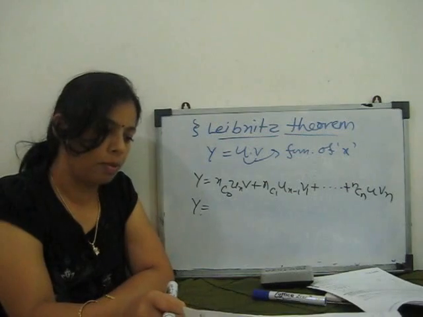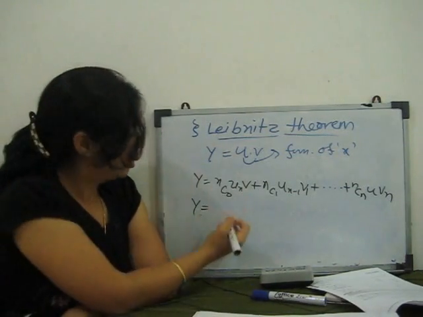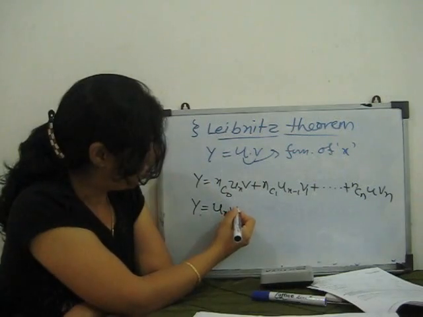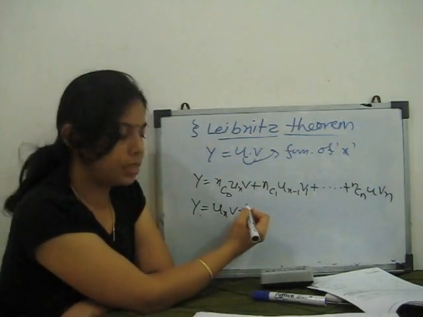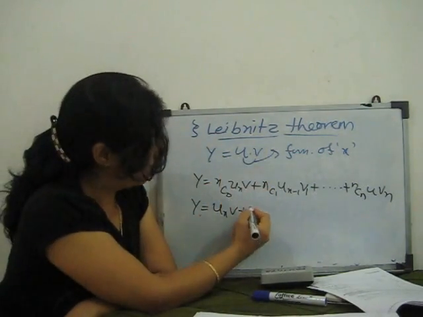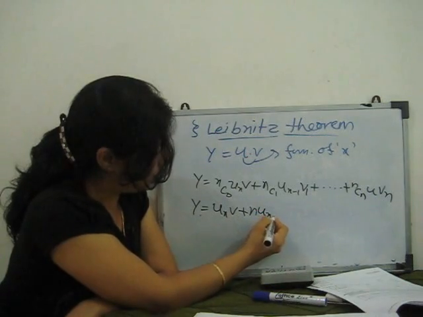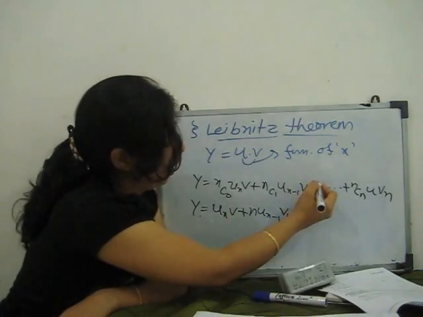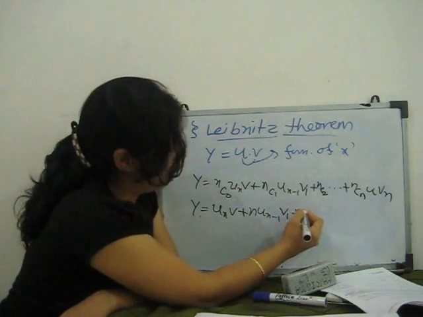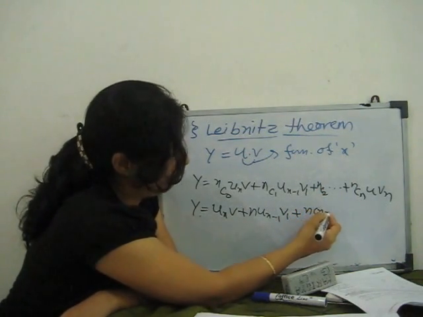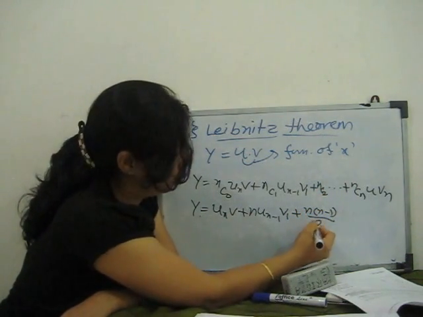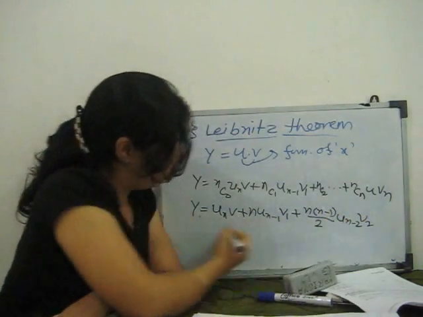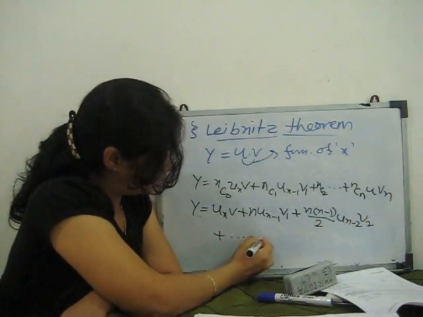I will rewrite it in simple form. Our Leibniz is u_n v plus n u_(n-1) v1 plus the nC2 term, which is n(n-1)/2 u_(n-2) v2, and so on.